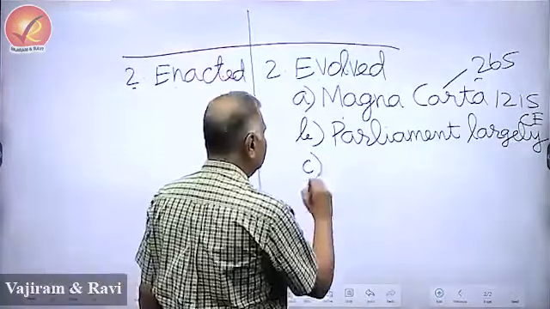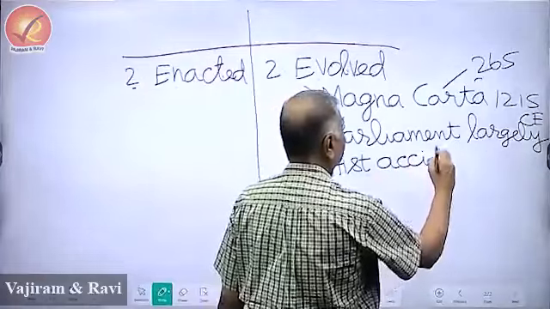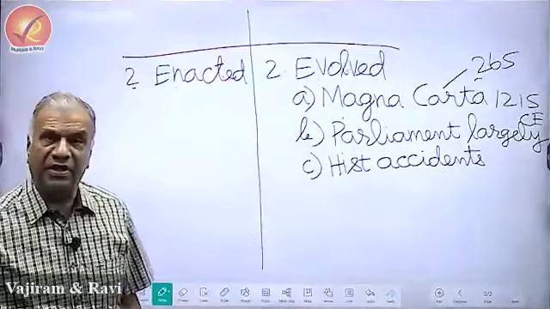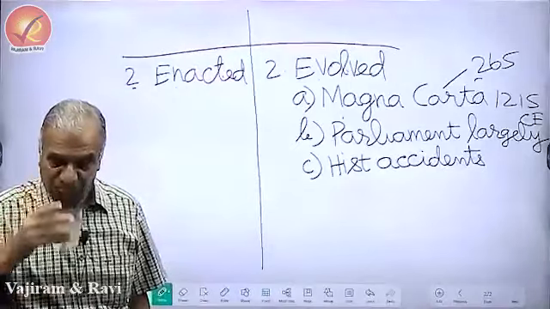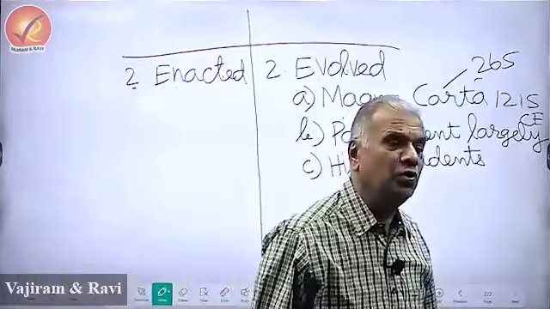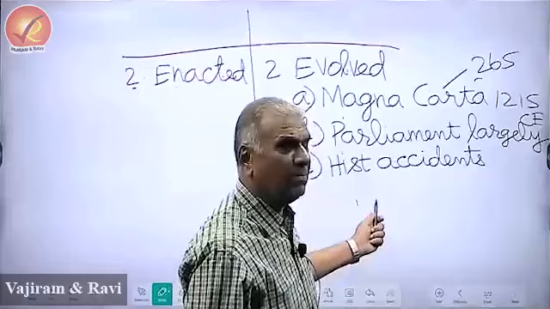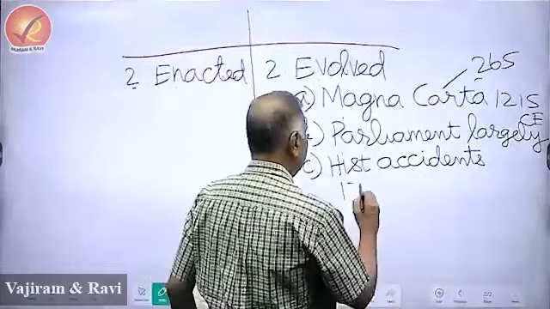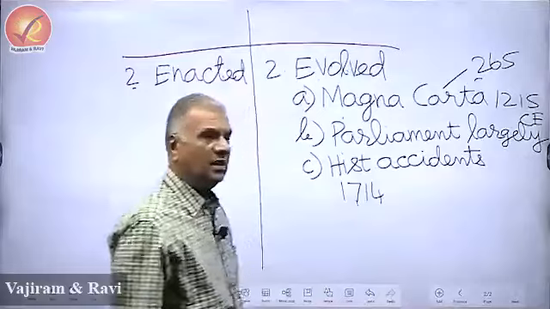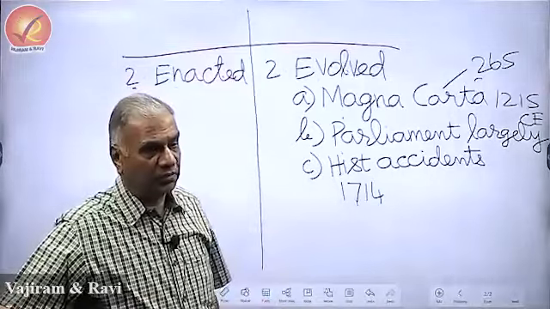Then the third is historical accidents. Nobody planned, but it so happened that certain events took place in the history of England which resulted in the addition of new provisions to the British unwritten Constitution. For example, in 1714, the Queen of England died without leaving a legal heir to the throne.